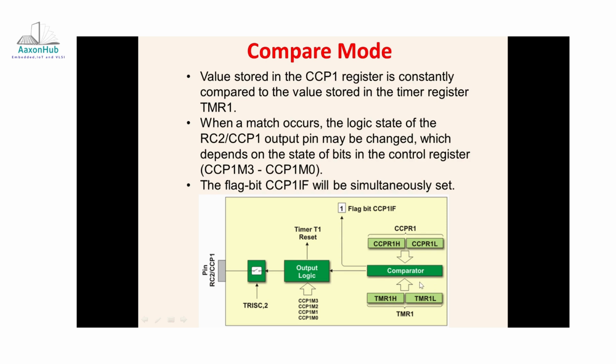And whenever a match occurs, it can generate the logic sequence. Based upon that, you can generate the event at RC2, maybe in the form of the CCP1 pin in your PIC18 controller.